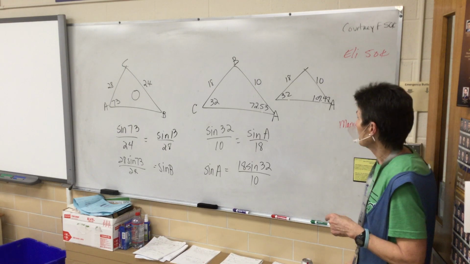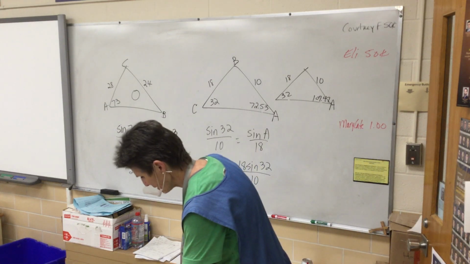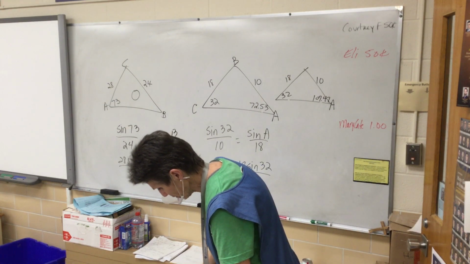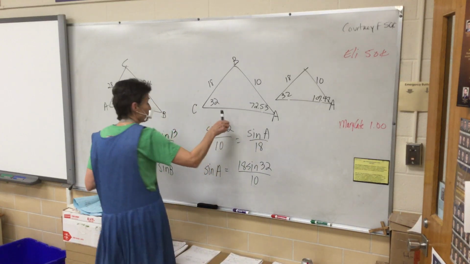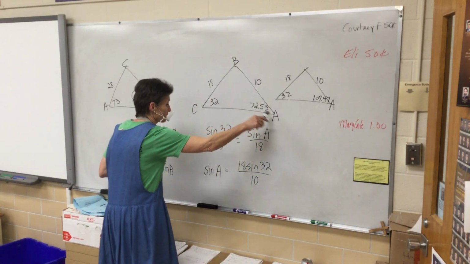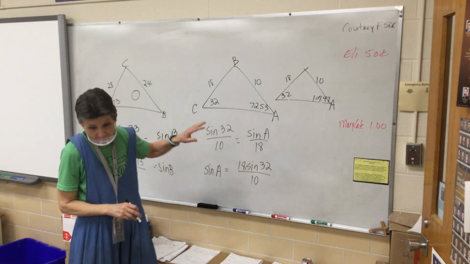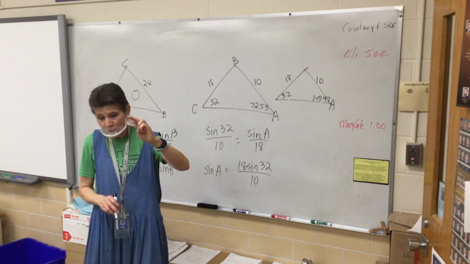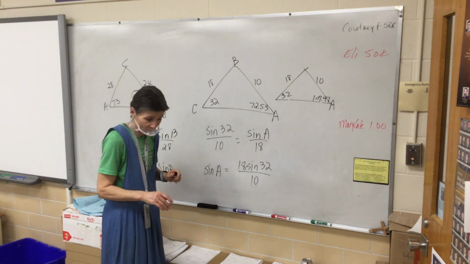Okay? All right. So now what we're going to do is, I don't want to make too big of a deal of this, but let's go ahead and finish solving this triangle. So this is problem C, and I don't know if you noticed in the directions, it was how many triangles were possible and then solve them.